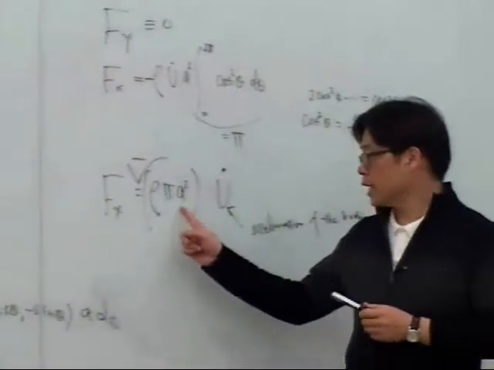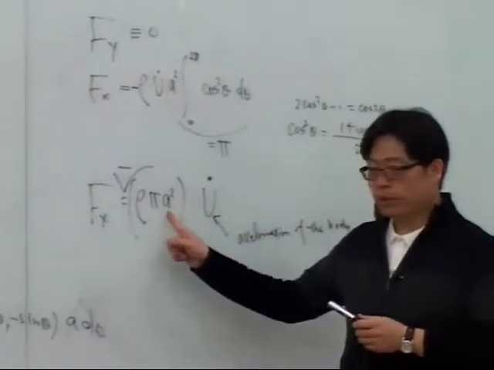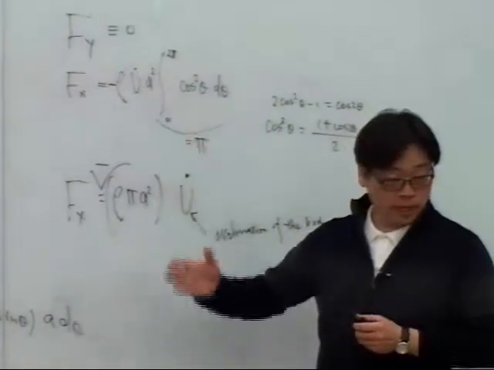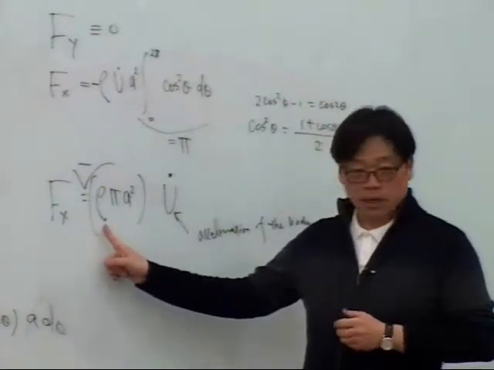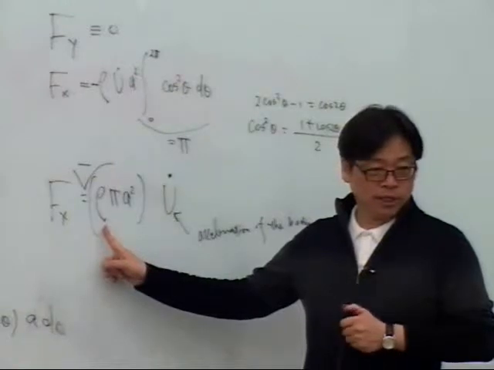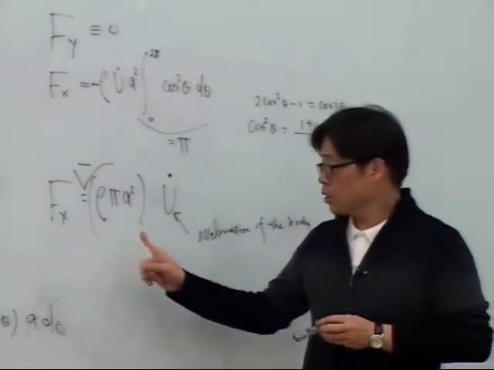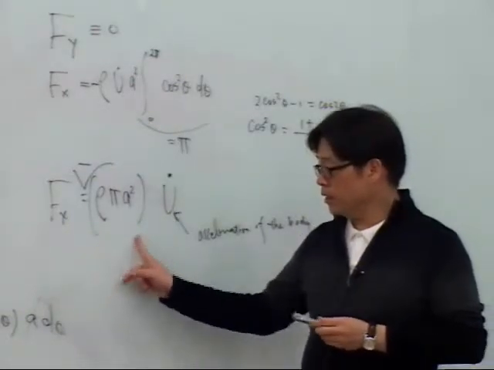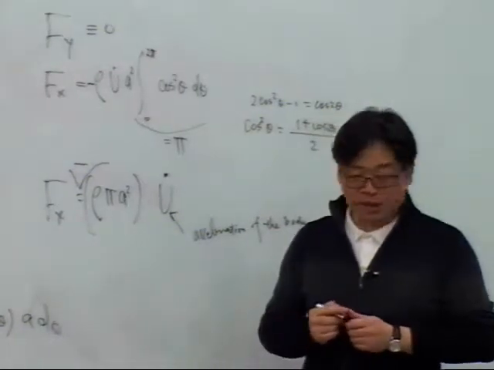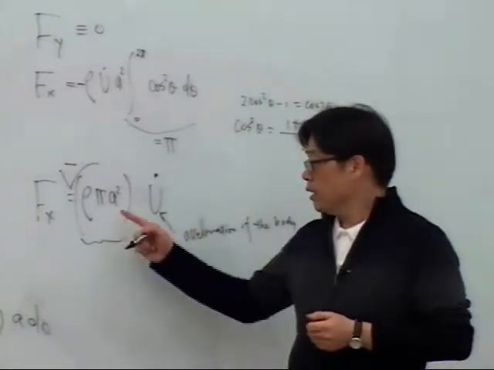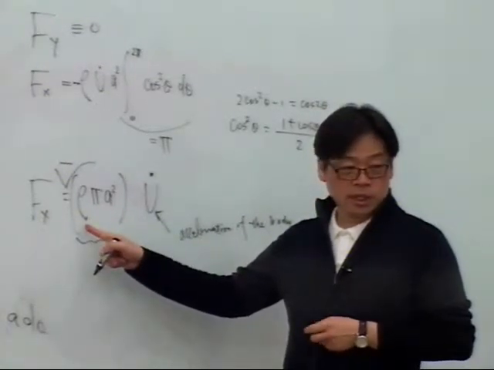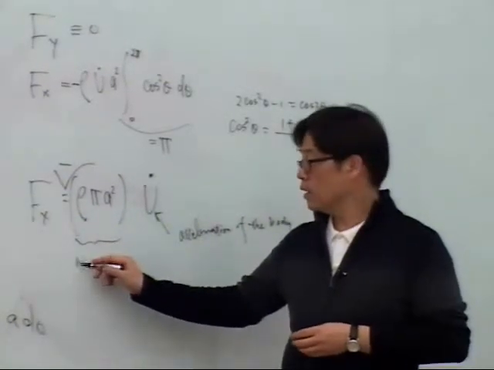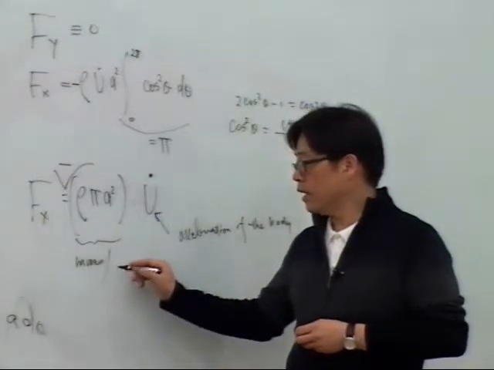If you look at this term, pi a squared is nothing but the area of the circular cylinder, times the density of the fluid. So in terms of dimension, this is area times density, which is mass divided by length.